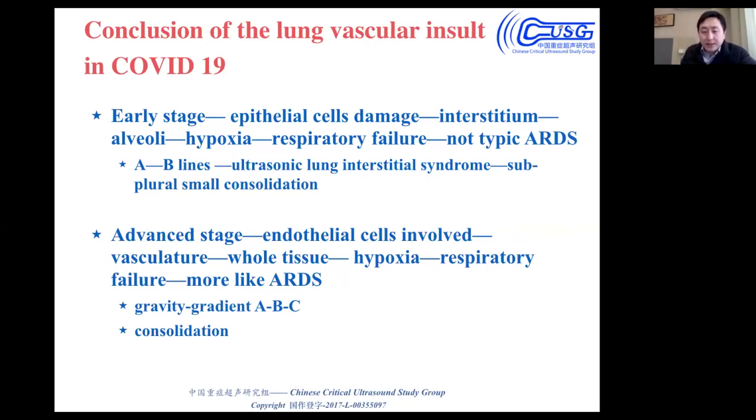We see that in the early stage, the patient's respiratory failure is caused by the virus itself, but in the later stage, the respiratory failure is caused by the virus and the leakage and the pathophysiological changes of ARDS.